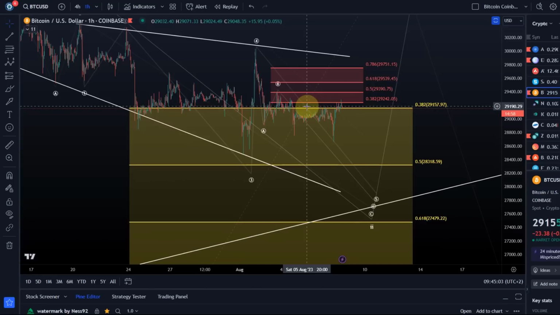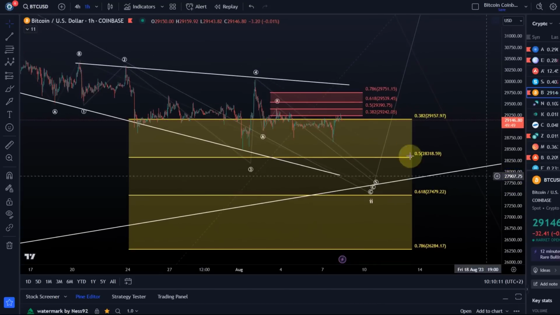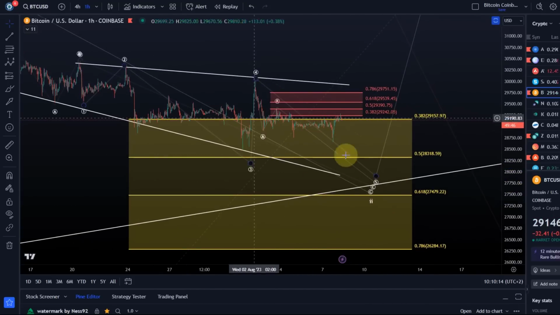What we typically see in a wave 2 is that price comes back to the 50% retracement level, and that is again here the 28,320 level, and it hasn't reached that 50% level yet, even though it came very close. So generally this is the trend reversal area, which is relevant for the wave 2. It's quite a large wave degree, which is also why I've included all the fibs.